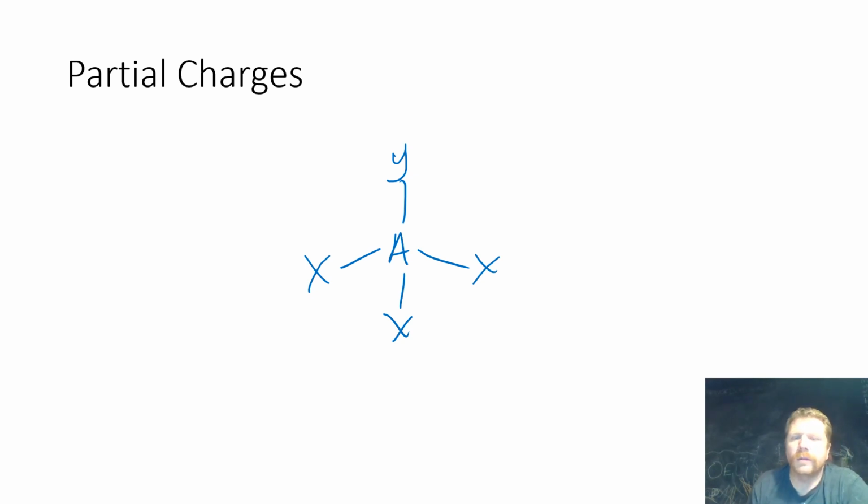So think about them in terms of electronegativity. So if this X is something like fluorine, chances are that's going to be a negative partial charge on these guys right here. Okay.